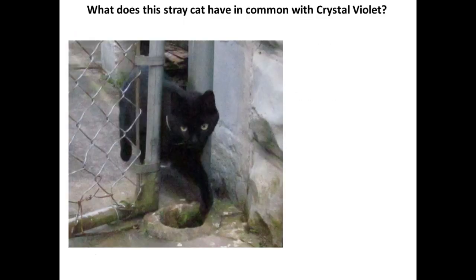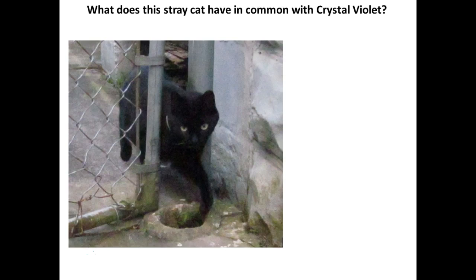So this is Peter's supposed stray cat. He's had her for a while, so I wouldn't consider her stray, right? But she adopted him. And you can see her squeezing through his fence there. Guess what happens after he feeds her? She can't fit back through the fence, right? She can't leave for a while.